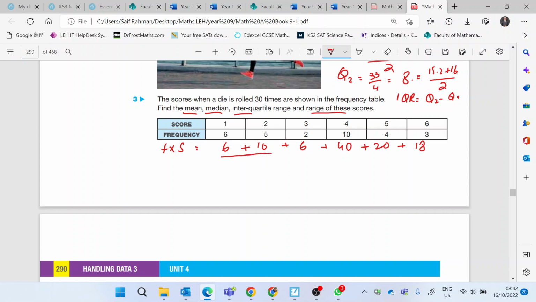Right, so divided by the total number of frequency. The die is rolled 30 times, and if you add them all up, this should give you 30. So divided by the frequency, that is 30 times. So this will give you the mean.